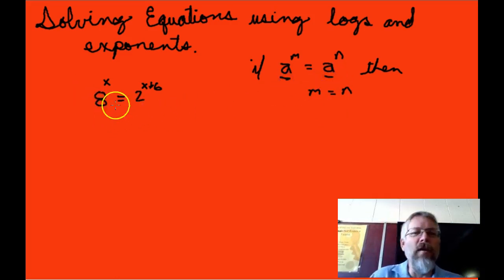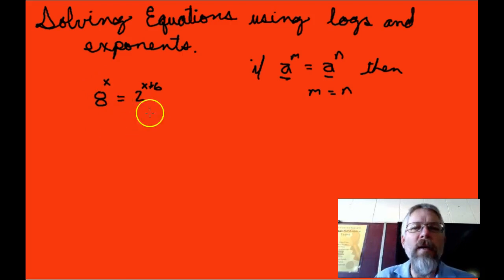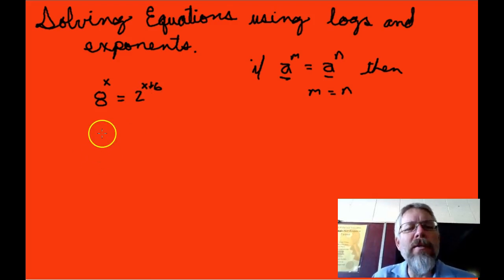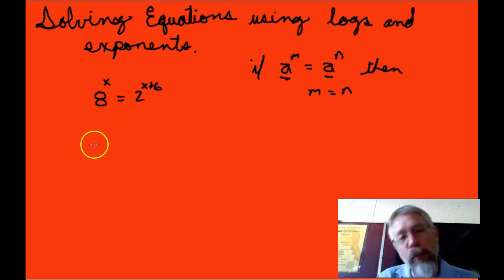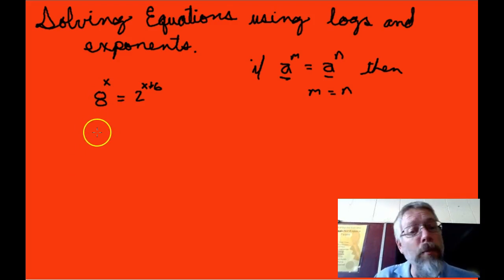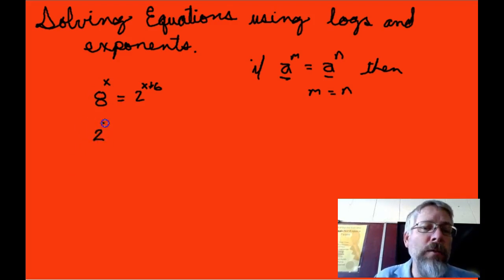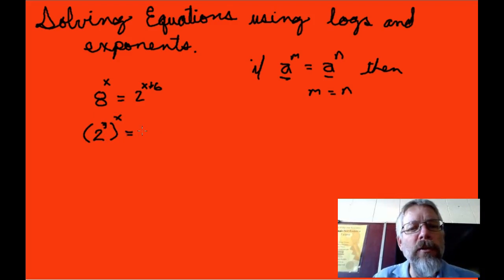So when I look at my 8 to the x power and my 2 to the x plus 6 power, I have to ask myself, okay, is there a common base there? And it turns out, yes, 8 can be rewritten as 2 to the third power. So I have 2 to the third to the x power, which is equal to 2 to the x plus 6 power.